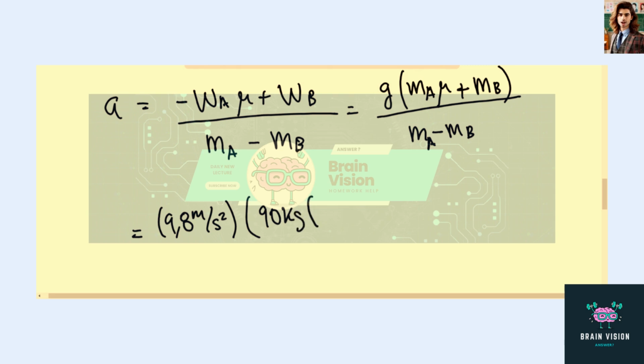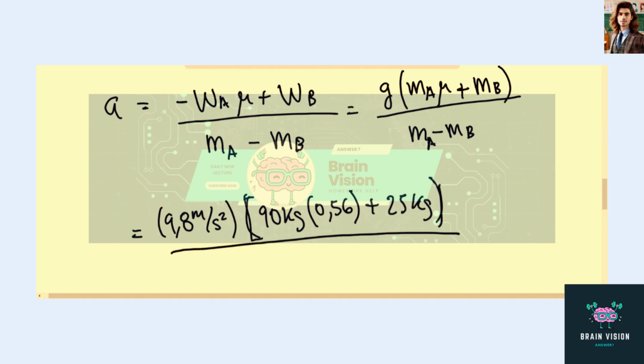This times the coefficient, which is 0.56, plus the mass of the block B, which is 25 kilograms, and this over 90 kilograms minus 25 kilograms.